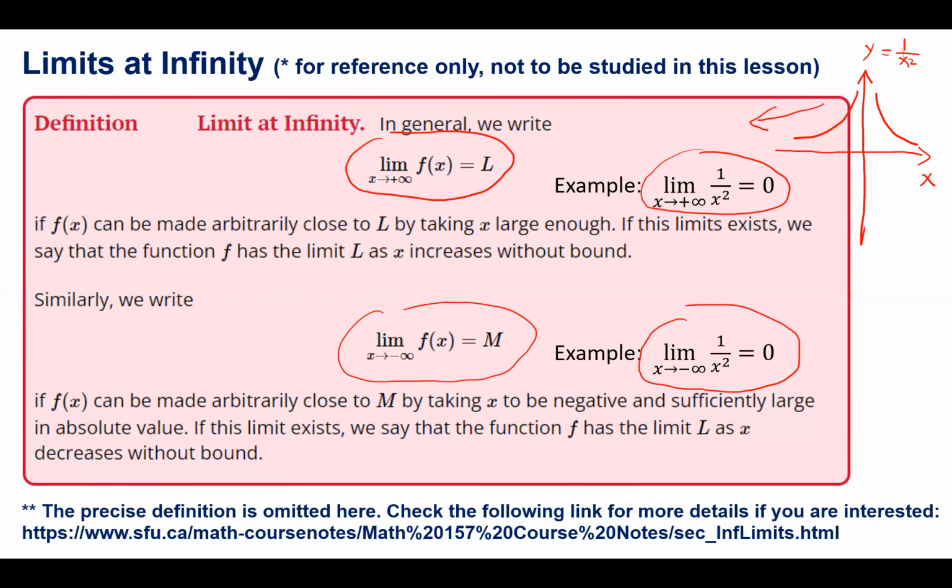And also the precise definition is omitted here. We won't cover the more rigorous definition in mathematical language. If you are interested, you can check the link here, okay? This is just a more intuitive way to understand the limit at infinity, okay? Any questions?